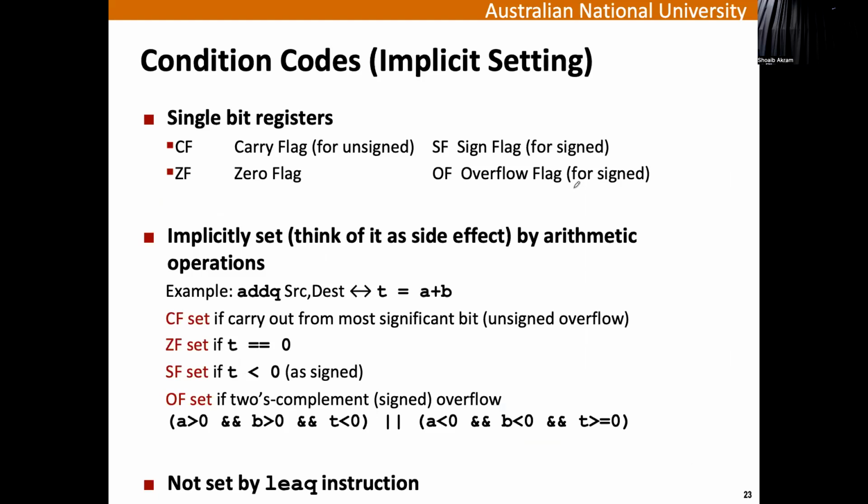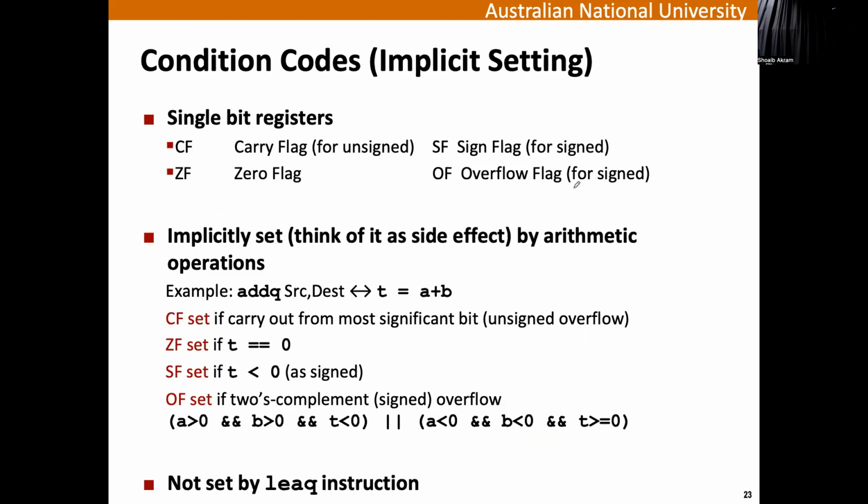These flags, these condition codes, are set implicitly, which means you don't have to do anything special. You just execute an instruction and the condition codes will be set for you automatically by the processor.